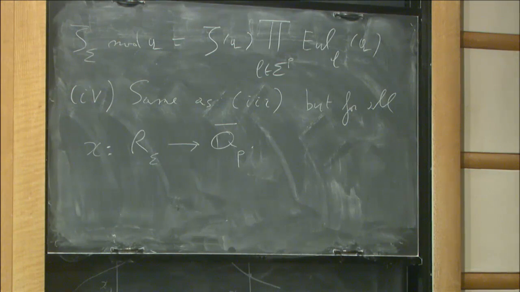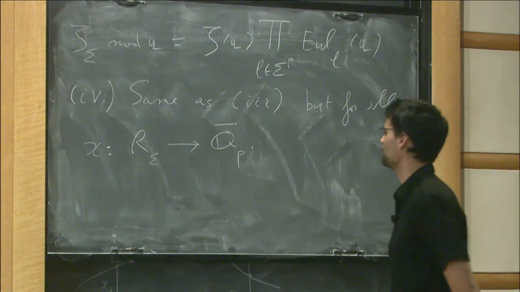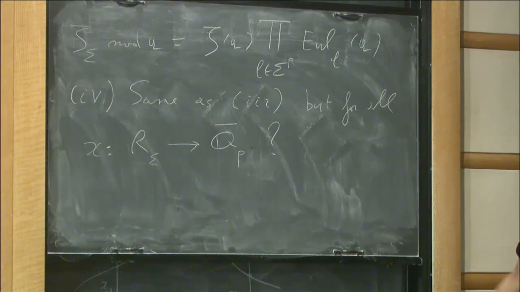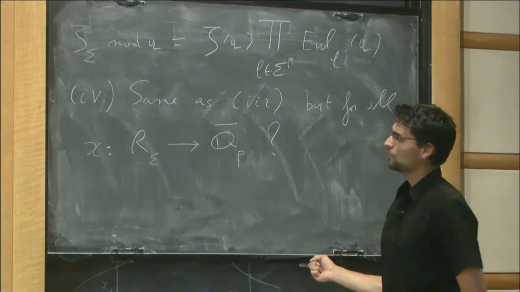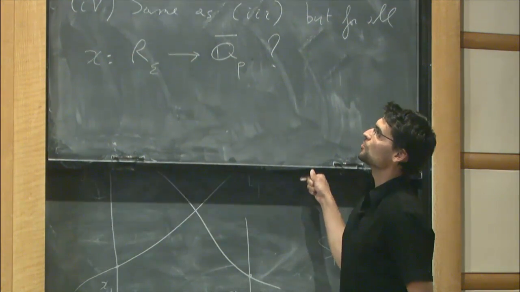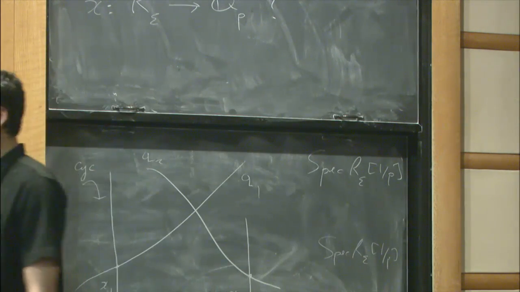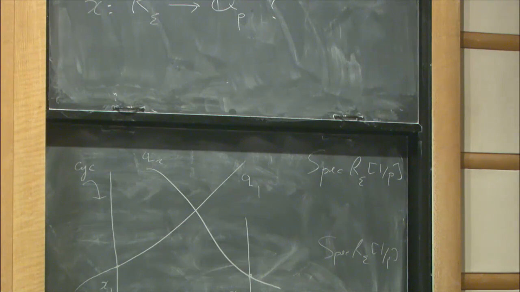So not only those attached to a motive, but any point. So I'm going to put a question mark here. That's something that he wants, and he has reasons to want it, but we'll discuss it later. So now we'll state my main result.